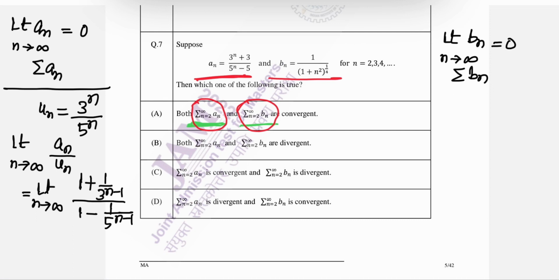And obviously this is 1, and this is a non-zero positive number.